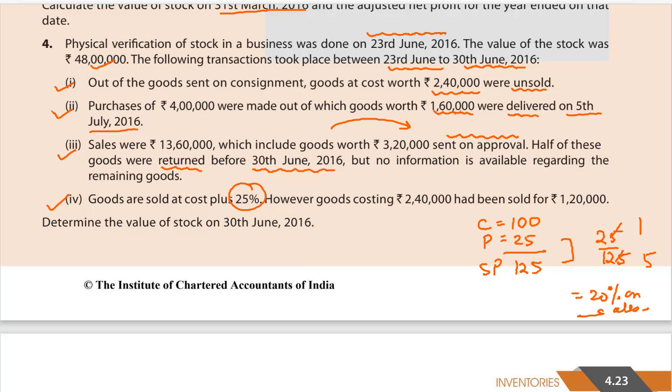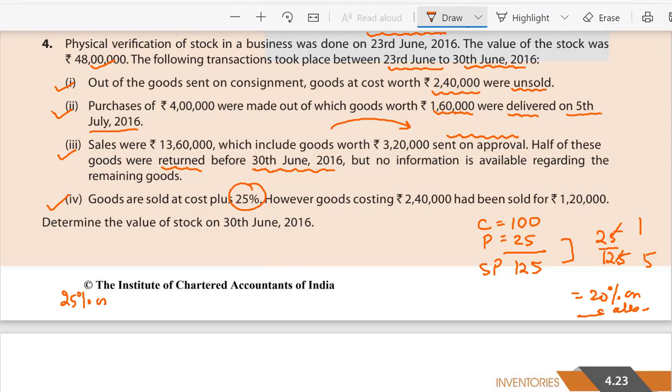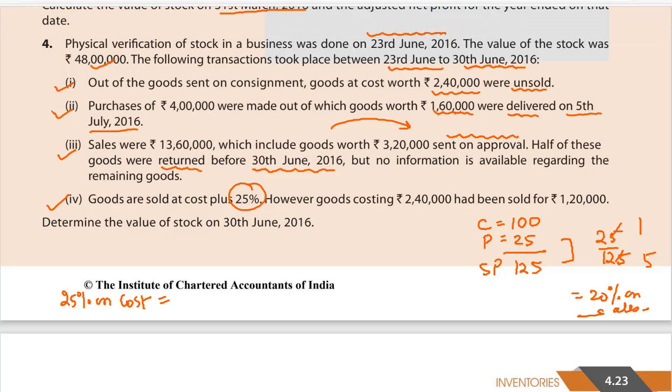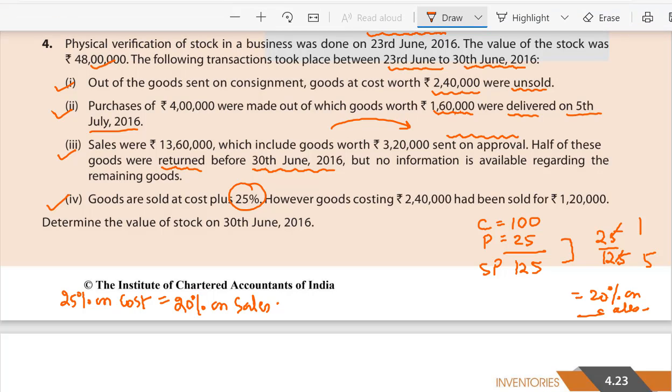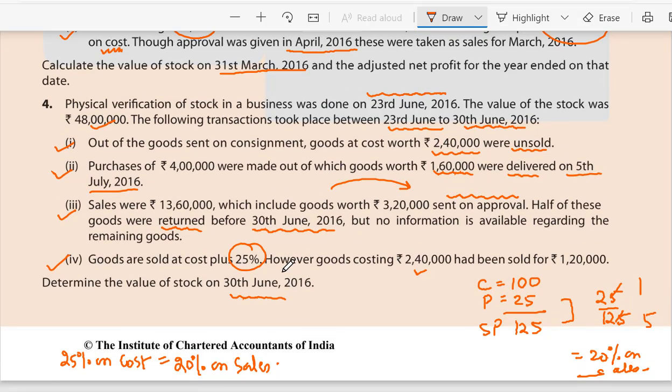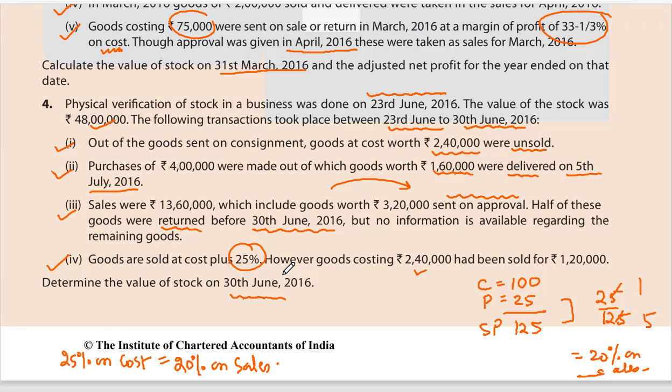So 25% on cost equals 20% on sales. However, goods costing 2,40,000 had been sold for 1,20,000. Determine the value of closing stock on 30th June 2016.